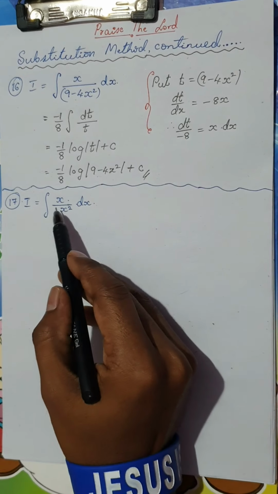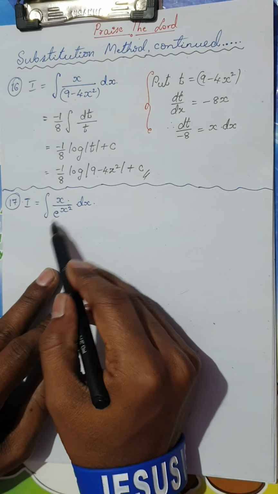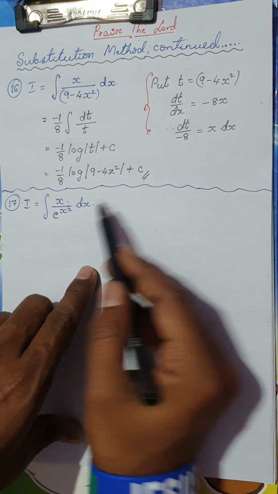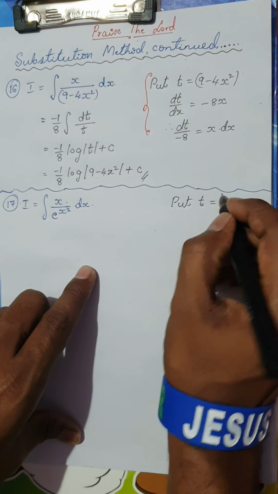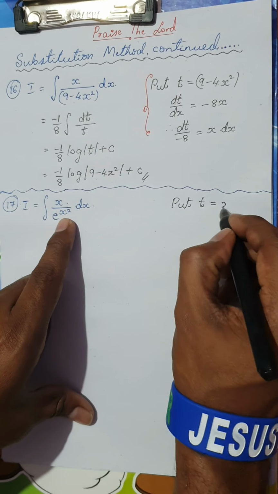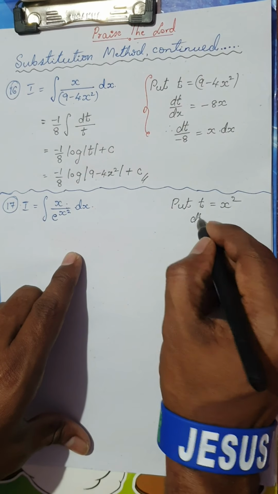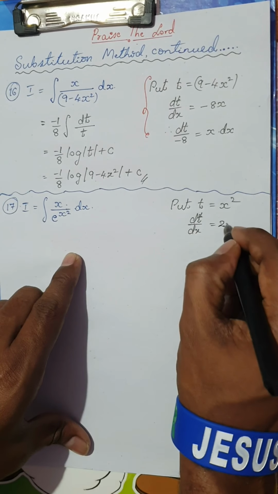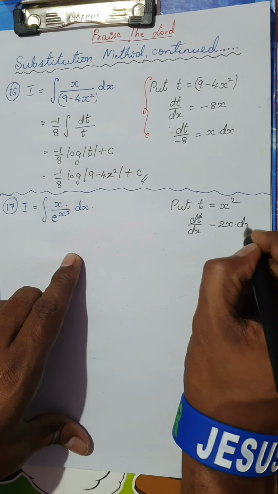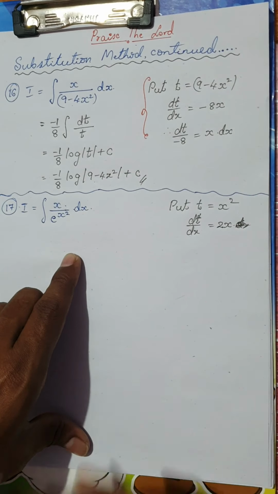Right, the next integral we have is integral of x divided by e power x square dx. Okay, so for this question I am going to put t as the term x square. Differentiating with respect to x, dt by dx would be 2x, since the derivative of x square is 2x.